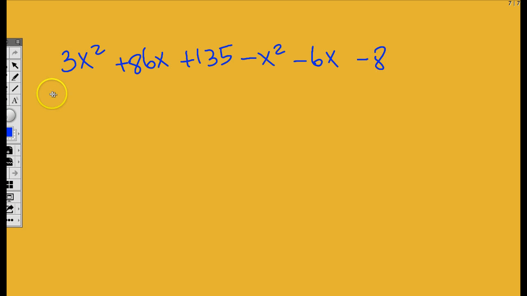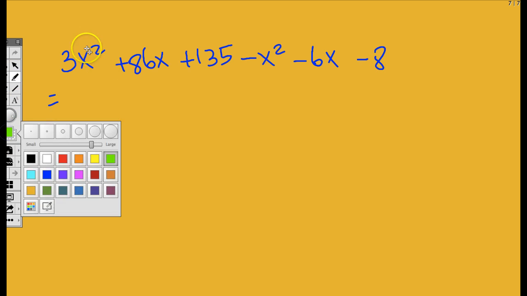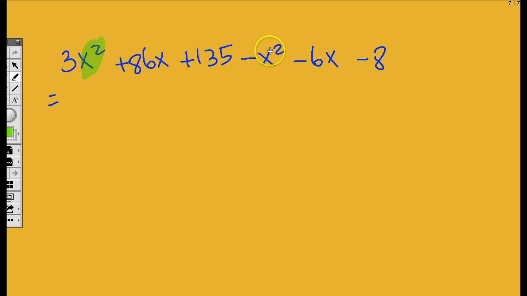And now we just have to combine like terms, and it's the same thing. Okay? I'm looking for x squared, and I'm also looking for another x squared. I find it, so I copy the x squared, and then I look at the number at the front. 3 minus 1 is 2. And then now I'm going to look at the x.